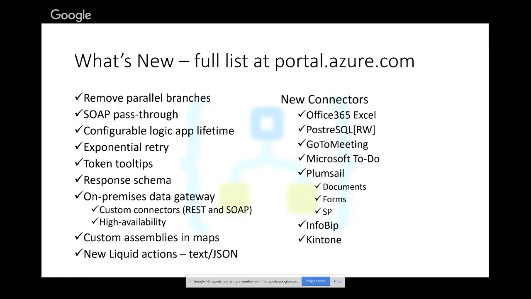The rules are that it has to be your service. For example, it's the GoToMeeting guys that will create their GoToMeeting connector. You can't be Bob's GoToMeeting connector because we want to trust it's either Microsoft or the company that represents that service that's building the connector. All right.